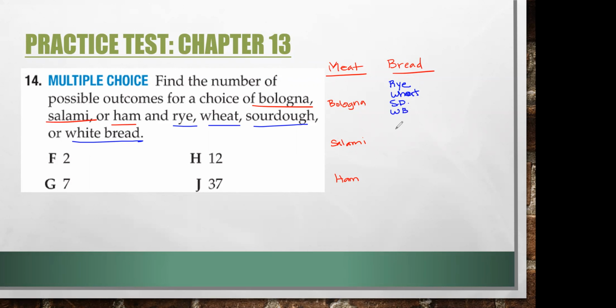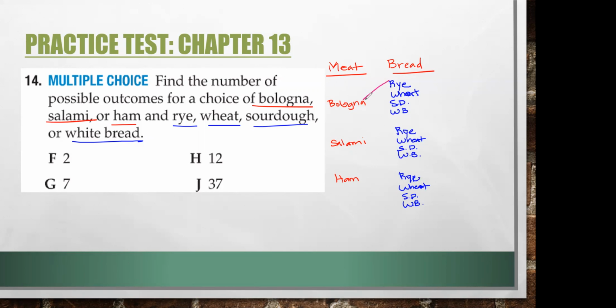And I would do that for each of these because the salami can also have rye, wheat, sourdough, or white bread. Okay, and the same as the ham can be on rye, wheat, sourdough, or white bread.